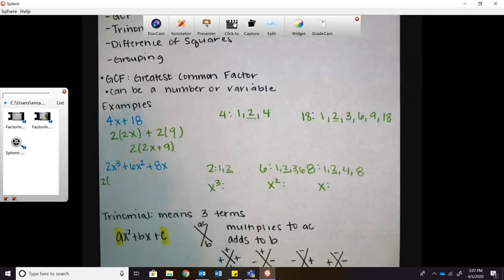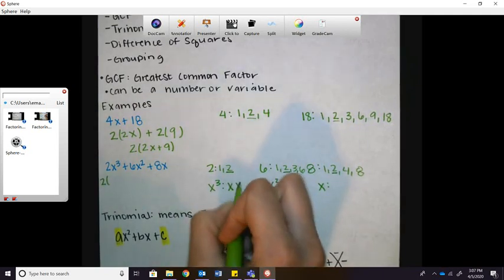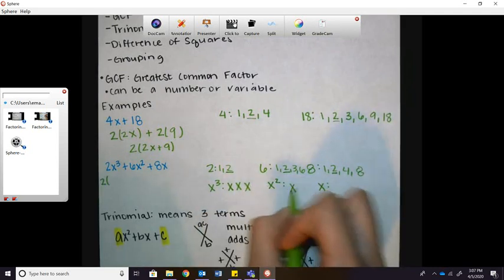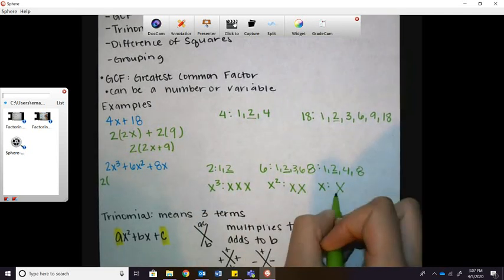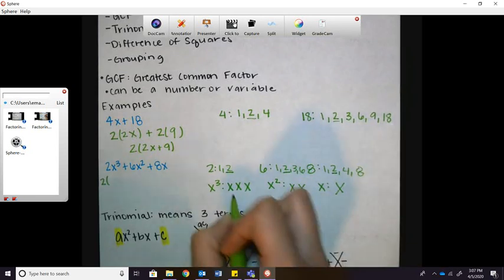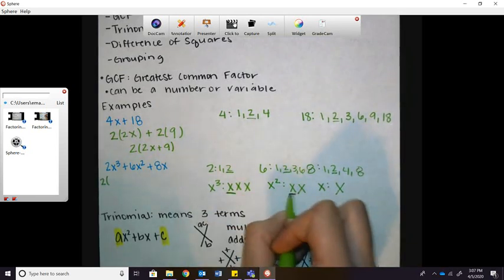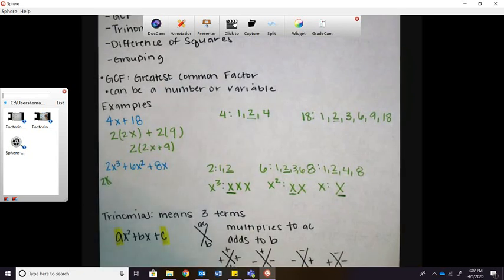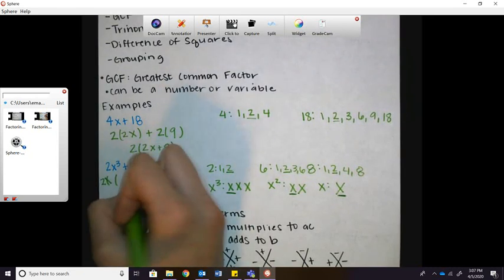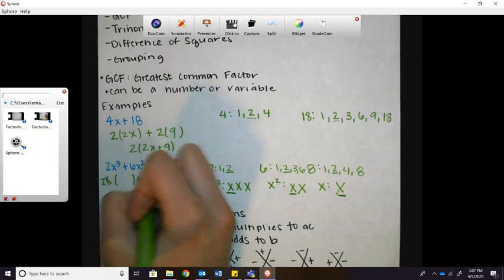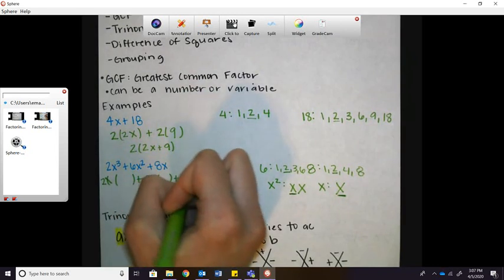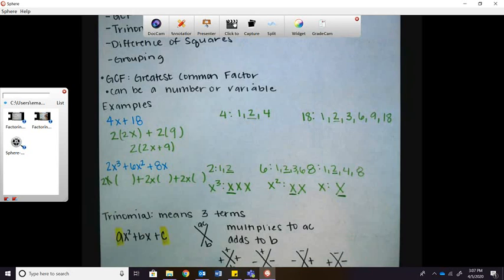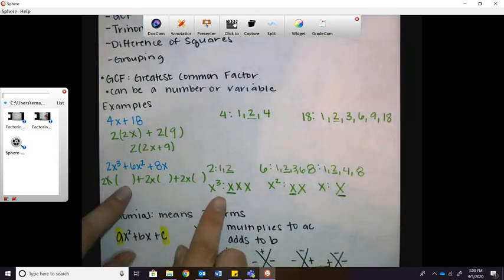With that said, I also want to look at my x's. X cubed is really 3 x's, x squared is 2 of them, and x is just 1. If you notice, I've got at least 1 x in all of these, so I'm going to take out a 2x from every single term. This is also very helpful because it helps you figure out what's going to be left.